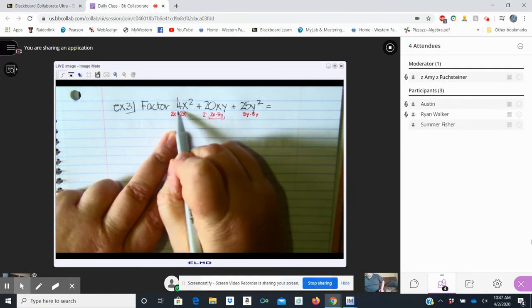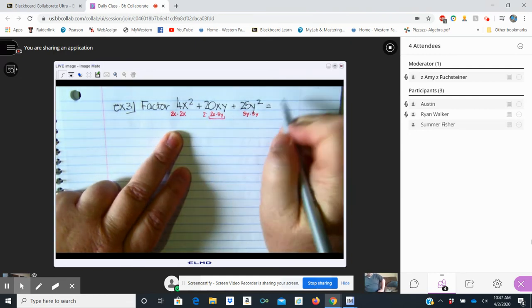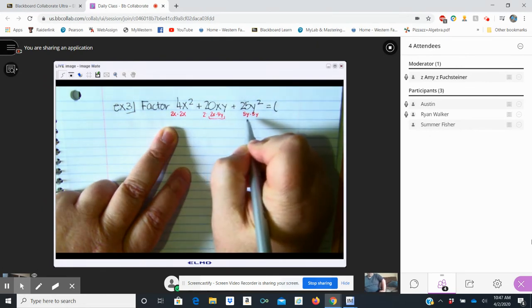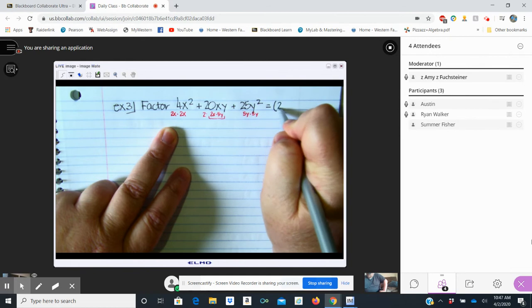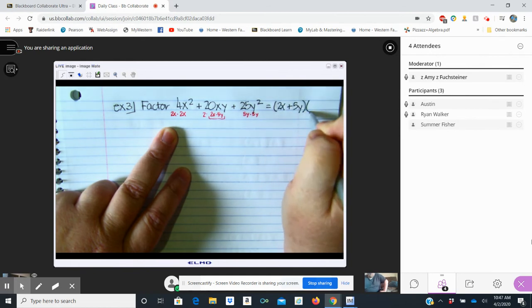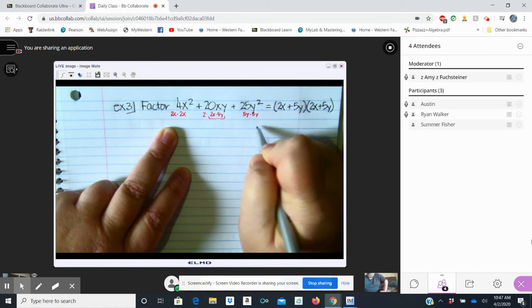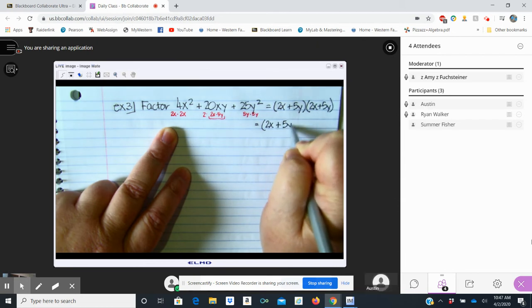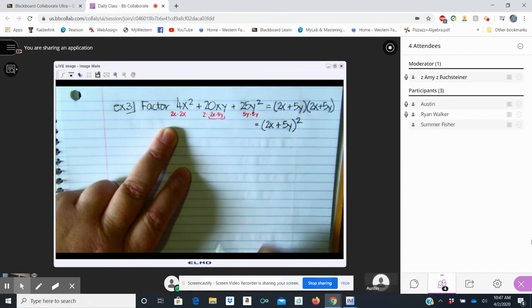That means that this is a perfect square trinomial, and it will follow the pattern a plus b times another a plus b, which is 2x plus 5y squared.